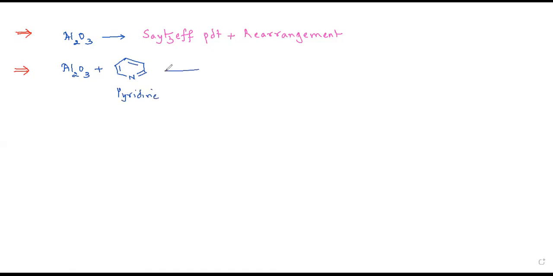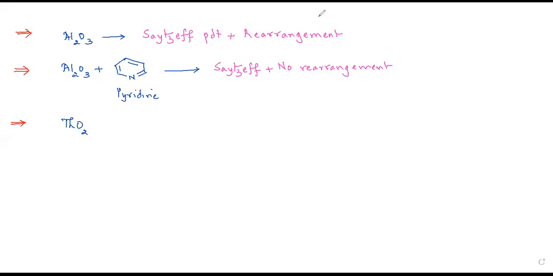See, alumina along with pyridine, it is little different. Only ZF, but no rearrangement. Very interesting. Getting so many reagents, need to be very cautious. Getting more and more complex.